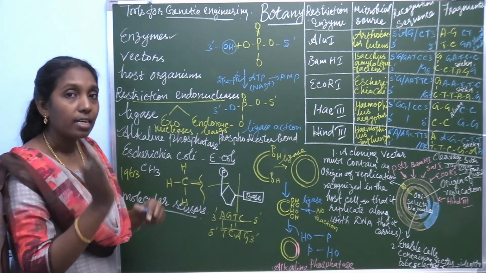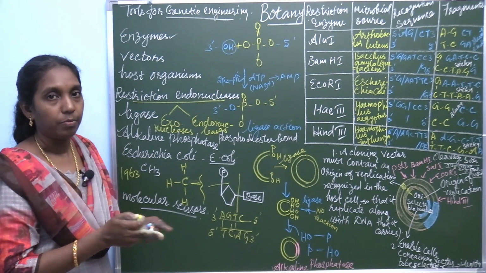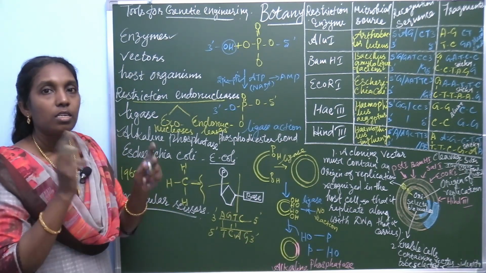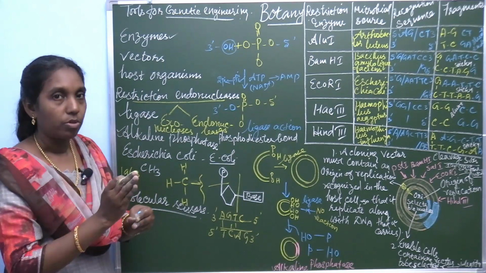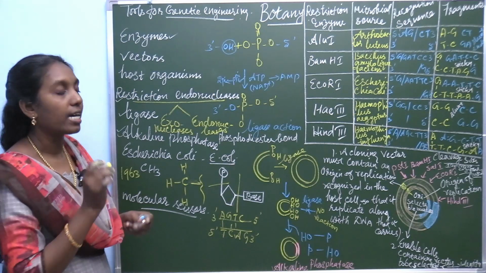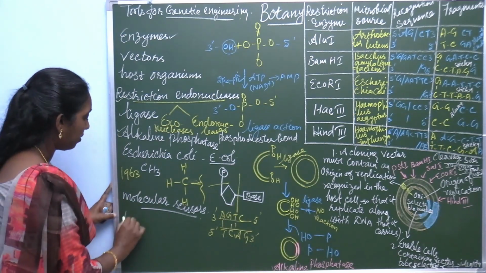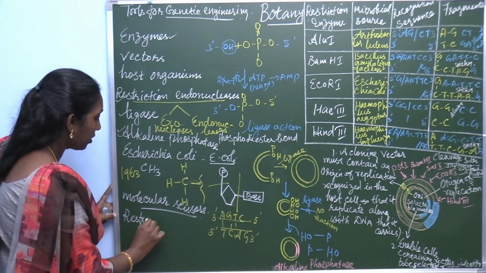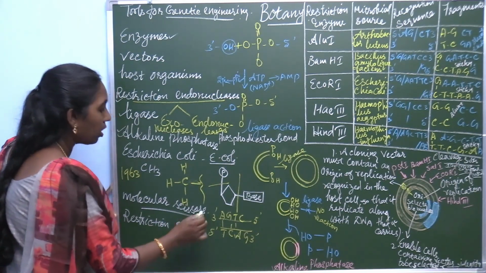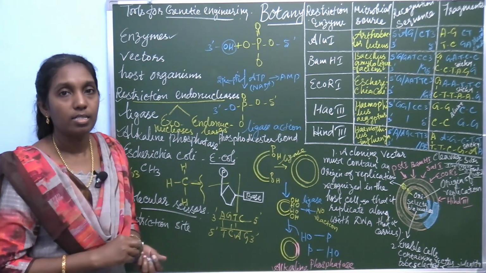So, it recognizes a particular site in the DNA sequence and it cuts. In a particular sequence, the restriction enzyme selects the area called the restriction site, or recognition site.